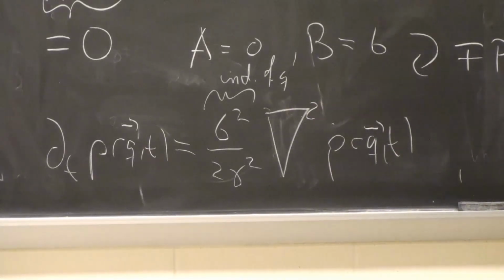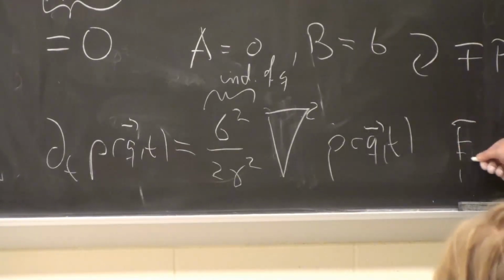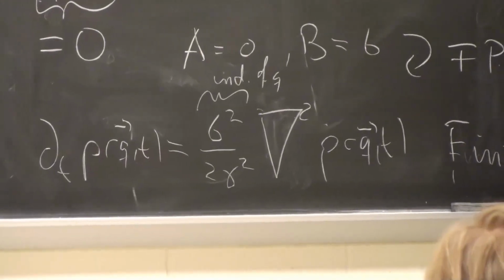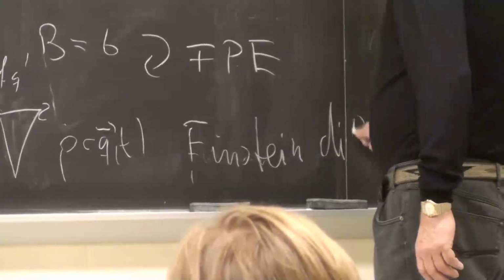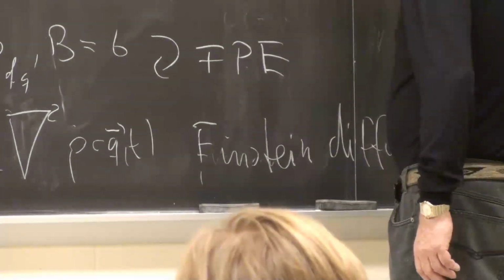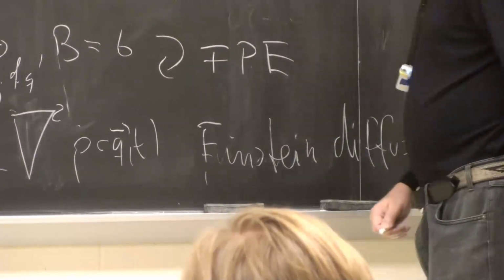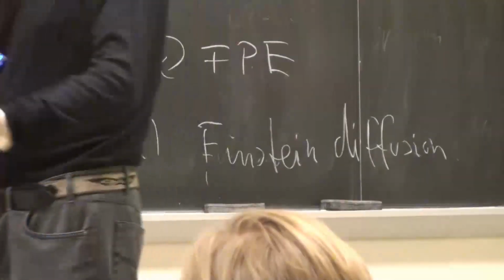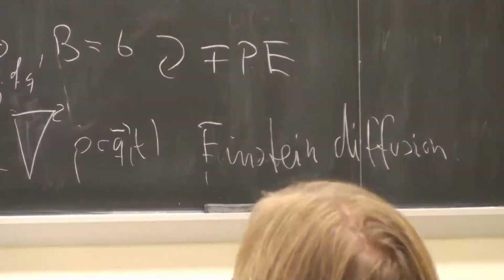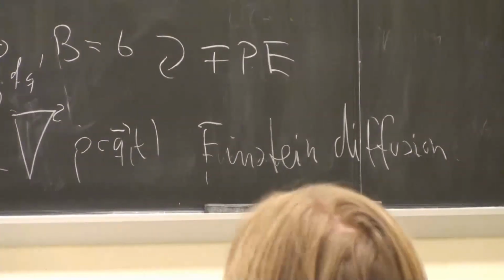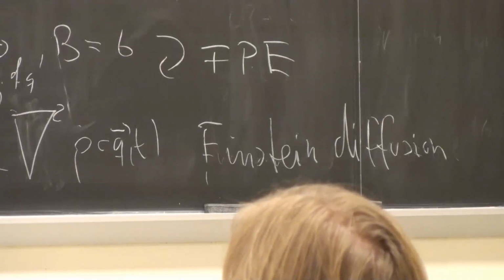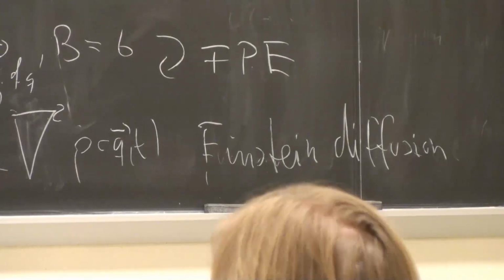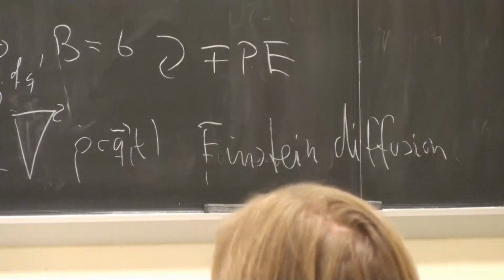What is this? This is the Einstein diffusion equation, Einstein's by far most cited equation. Einstein did a lot of stuff, but if you ask what Einstein is most famous for in terms of citation, it's the diffusion equation, because every engineer, every chemist uses it, whereas general relativity and special relativity are not so much used.